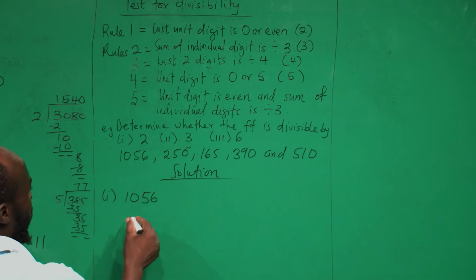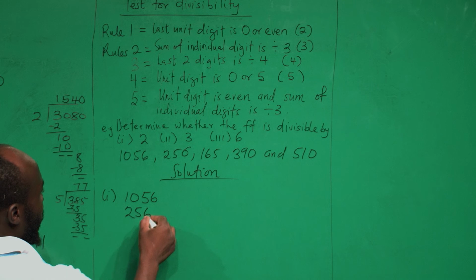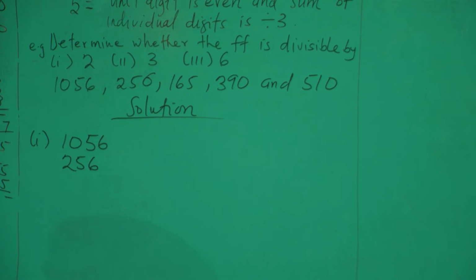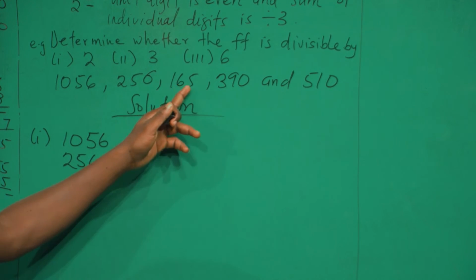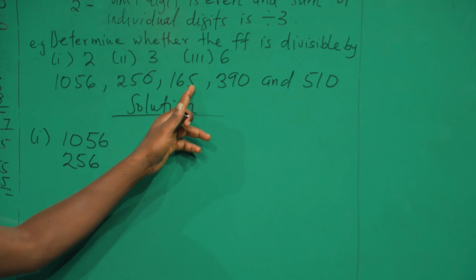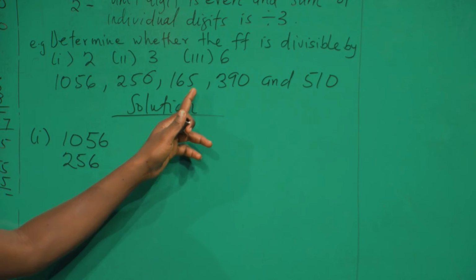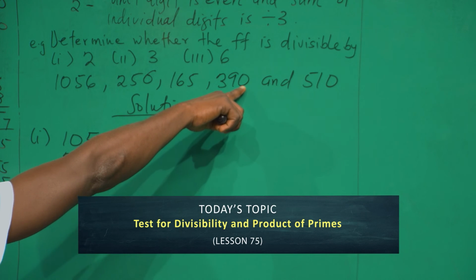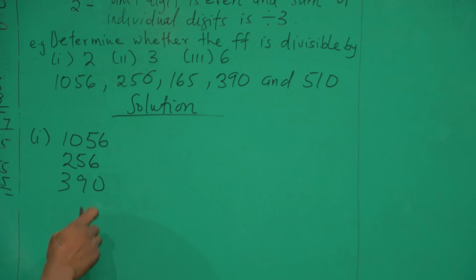For 256, the last digit is 6, so 2 divides it. For 165, the last digit is not even or 0, it is odd, so that one is out. For 390, the last number is 0, so it is part. And 510, the last digit is 0.